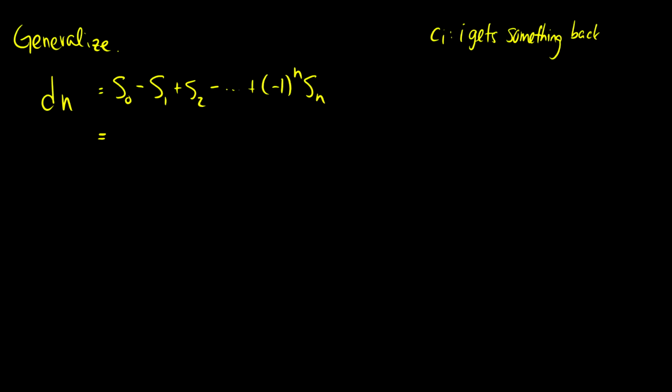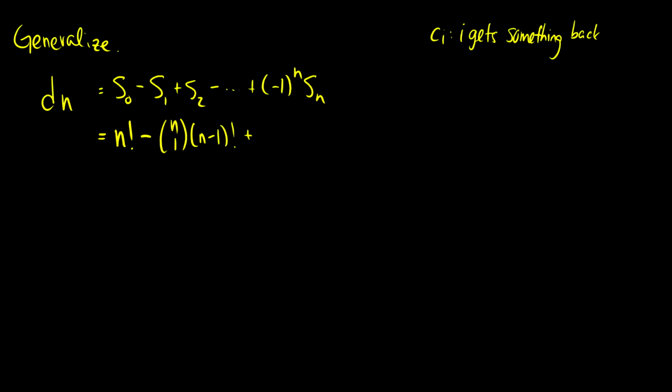So, if we have S0, then there are n factorial ways to arrange everything, because we have n things we're dealing with. With S1, we choose one of those n things to go back to its owner, and then we organize the rest n minus 1 factorial ways.